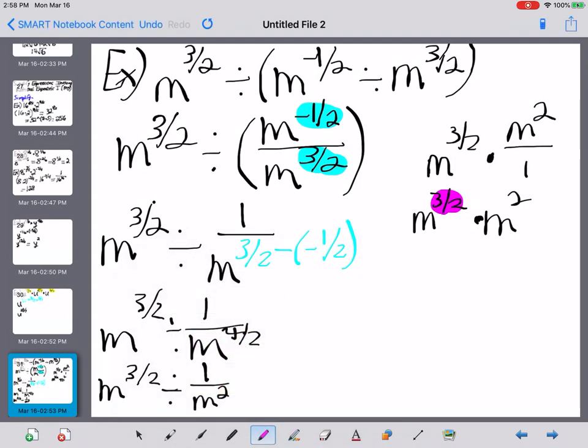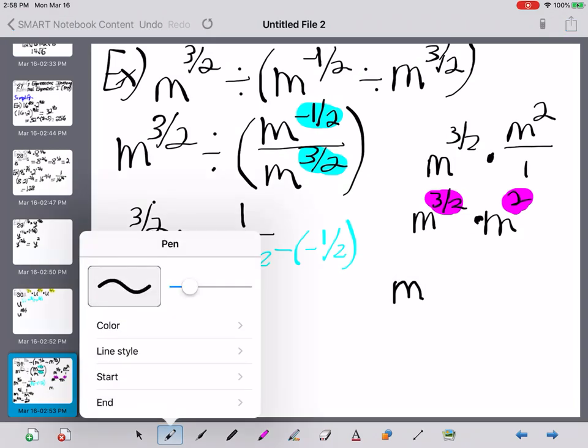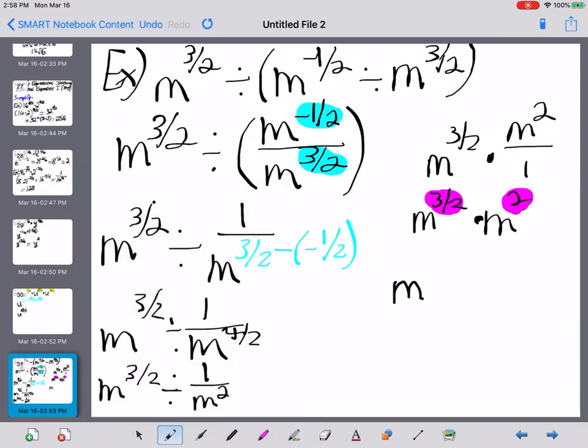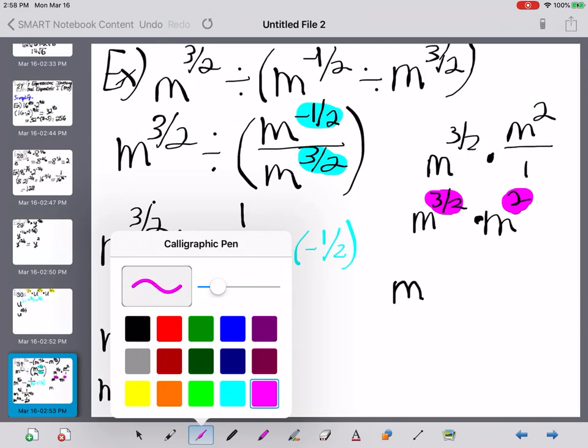So let's do that. We're going to add 3/2 and 2. So we're going to have m to the 3/2 plus 2.